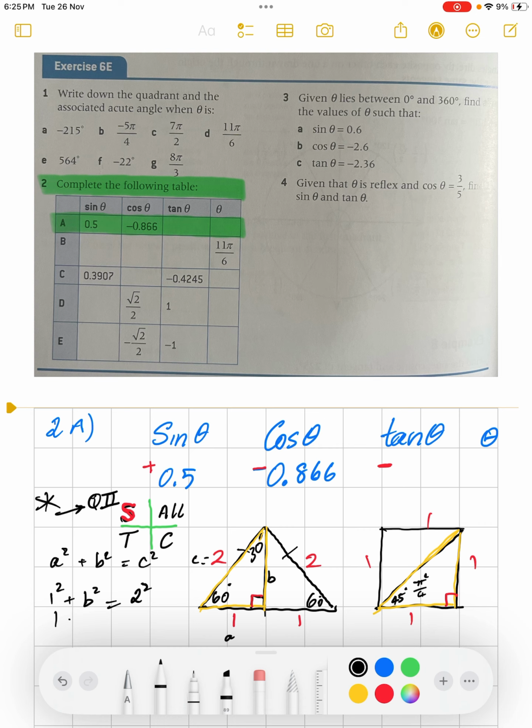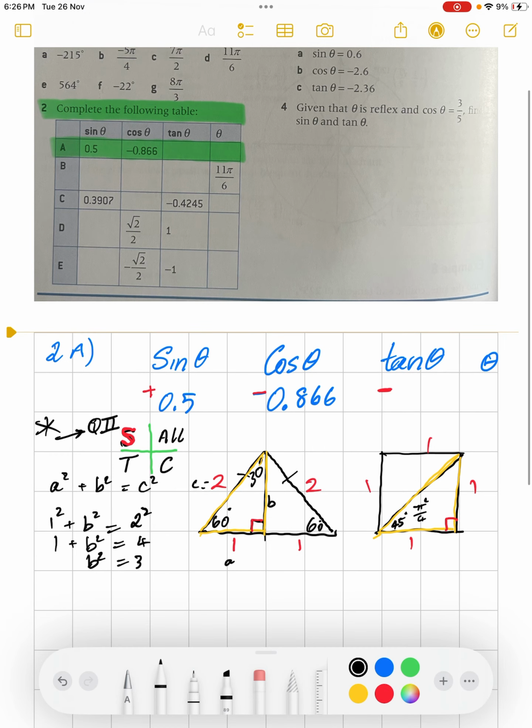So 1 plus b squared equals 4, therefore b squared equals 3, and b is the square root of 3, which is 1.732 approximately. I'll make it 1.73 for 3 significant figures.